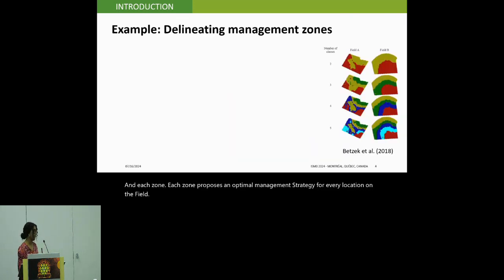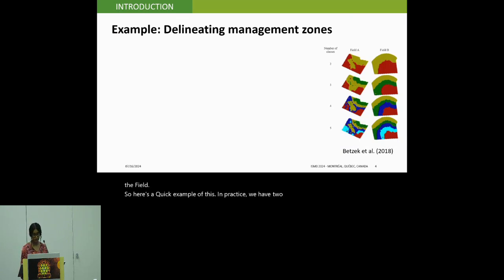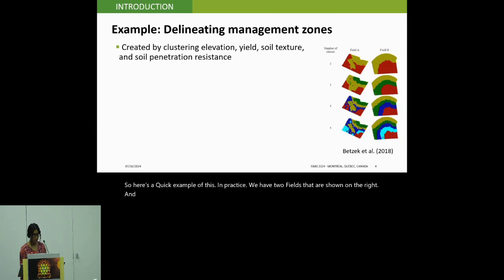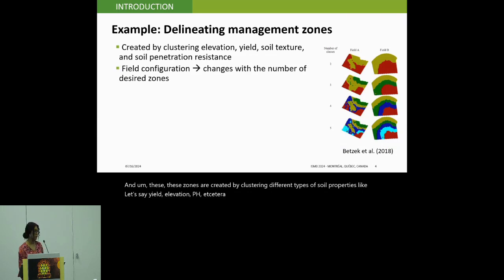So here's a quick example of this in practice. We have two fields that are shown on the right, and these zones are created by clustering different types of soil properties, like let's say yield, elevation, pH, etc. And we can also see from the figure that the field configuration changes considerably depending on the number of zones that we're looking at.